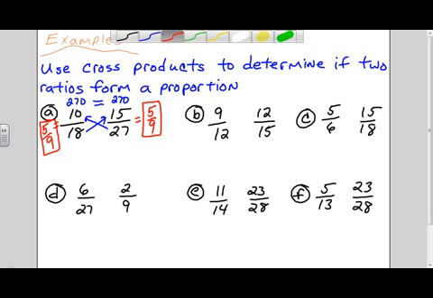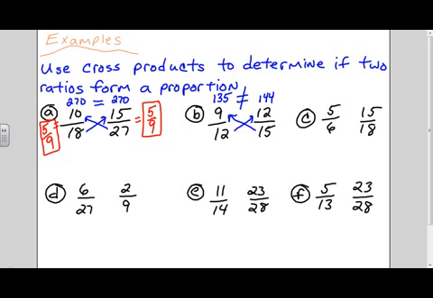Alright, let's take a look at our next example. 12 times 12, if I check the cross product, 12 times 12 is 144. I check the cross products here, 9 times 15, 135. 135 does not equal 144. That means then that the ratio of 9 to 12 is not the same as the ratio 12 to 15.